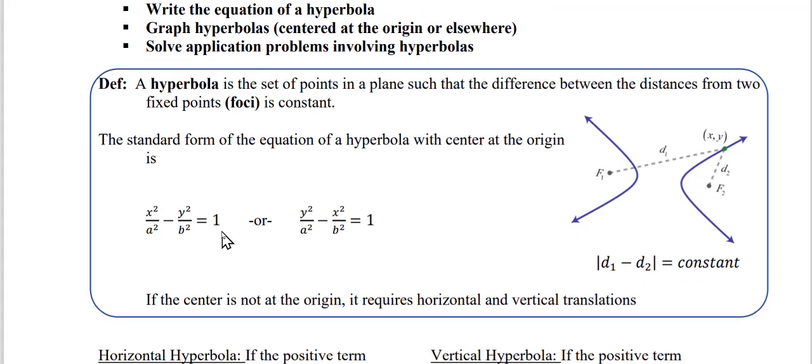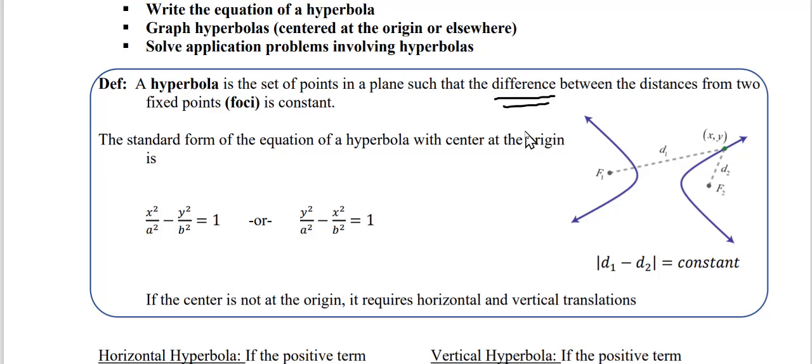Notice here that the standard form of the equation of a hyperbola with center at the origin is very similar to what we saw with an ellipse. The main difference here is we have a minus sign instead of a plus sign. That is because our definition talks about the difference of these distances.